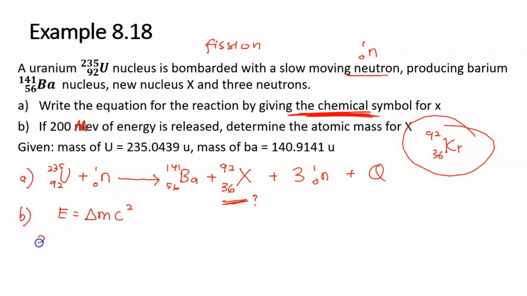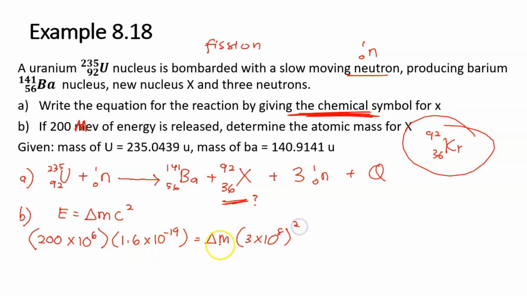Energy release is 200, mega is 10 to the power of 6. But this is in electron volt. So, we need to convert electron volt into joule. 1.6 exponent negative 19 equal to delta m c square. c is 3 exponent 8 square. So, kat sini kita boleh cari nilai delta m.